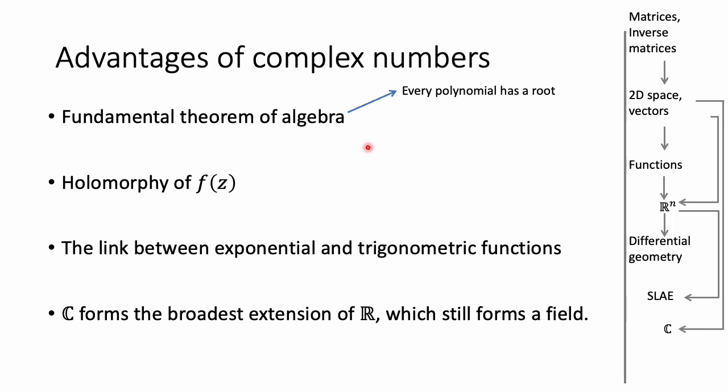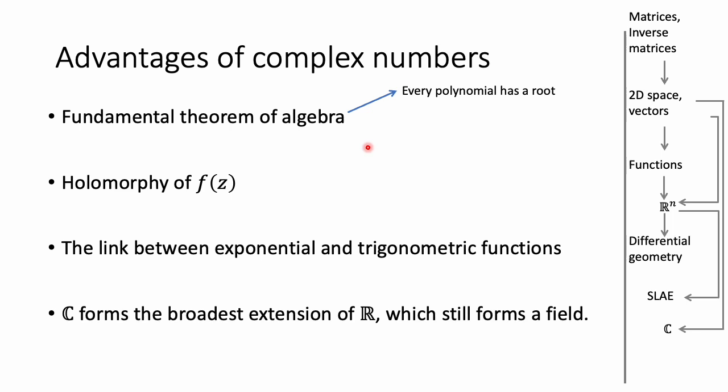The fundamental theorem of algebra states that every polynomial has at least one root. And that's very important for us in the context of searching for eigenvalues and eigenvectors, as I discussed. So when we extend our attention to the field of complex numbers, the question of what to do if the characteristic polynomial of a given operator has no roots doesn't make sense anymore.